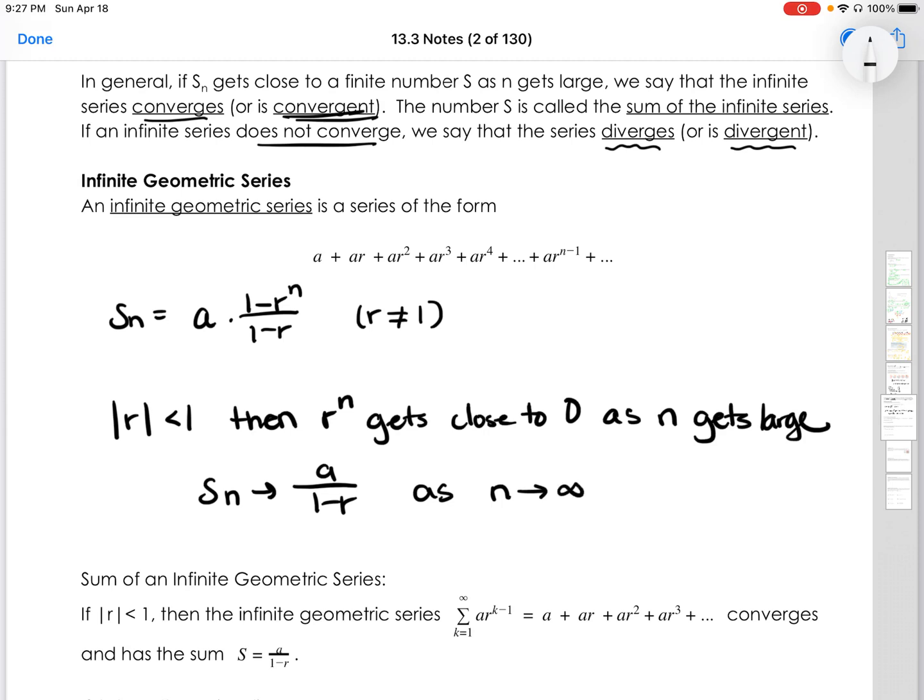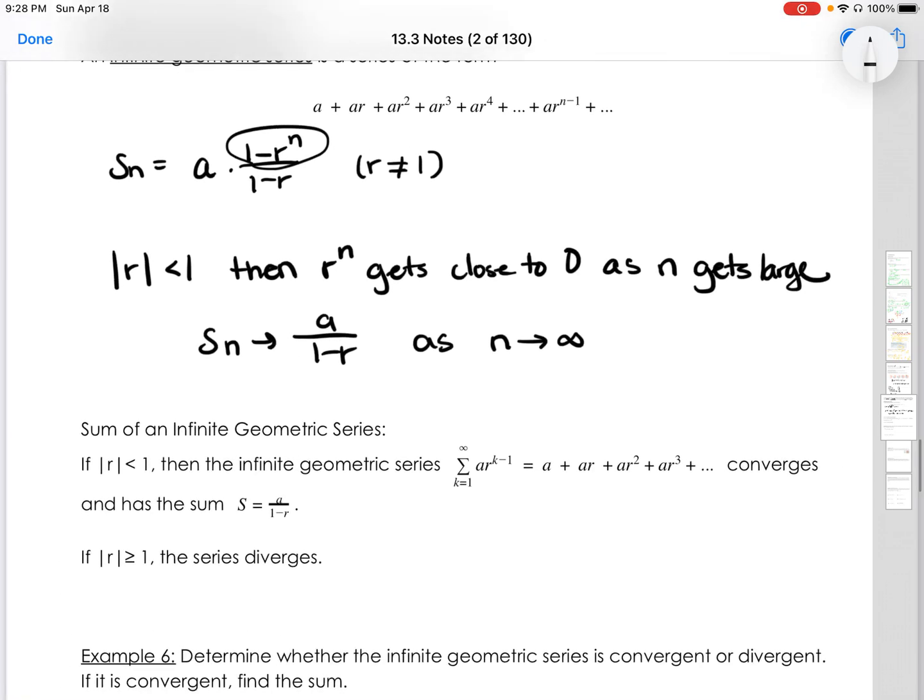Really, that's saying that we're basically subtracting nothing, so we would get 1 in our numerator up here. So that means that our sum is going to be a over 1 minus r.